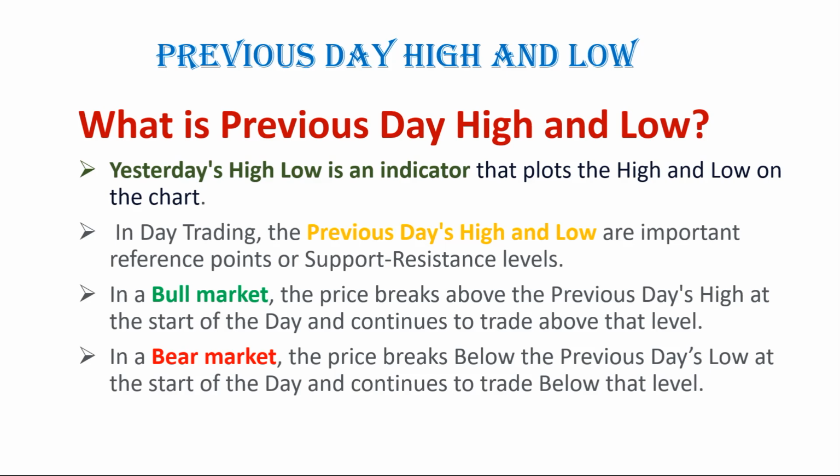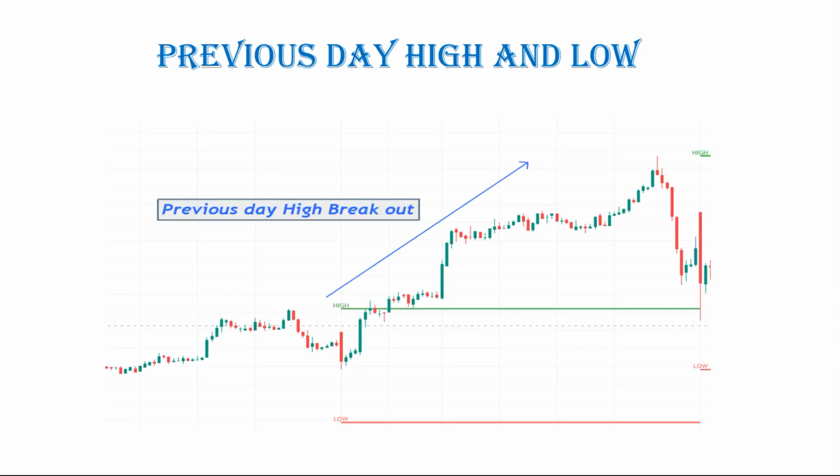That is called the bull market. What will happen in the bear market then? The price breaks below the previous day low at the start of the day and continues to trade below that level, and we can see that that day is called a bearish day, and the price continues to move down.